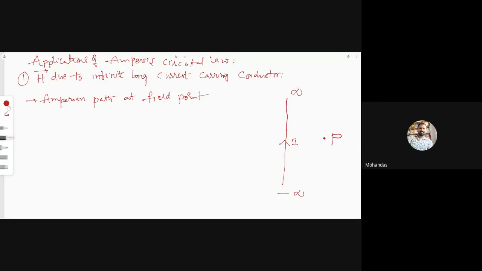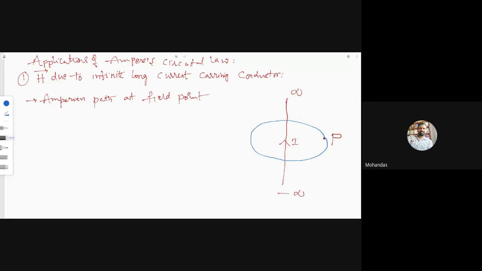Just now we have discussed which type of Amperian path is suitable for this problem. Cylindrical. Yeah, very good. That should be a closed path, and it should enclose this conductor.